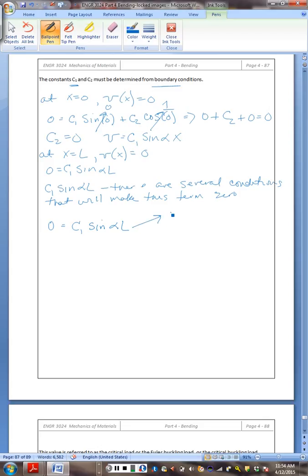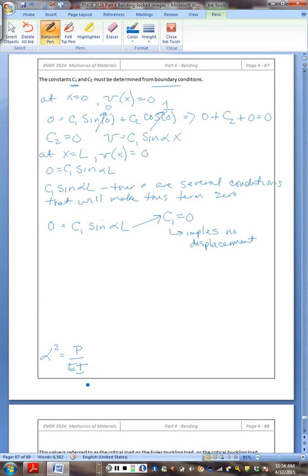can be 0 if C1 itself equals 0. What does C1 equals 0 imply? This implies that there is no displacement. Okay. Another way that this is 0, if we remember how we defined our alpha, so a side note over here, that alpha squared is P over EI.